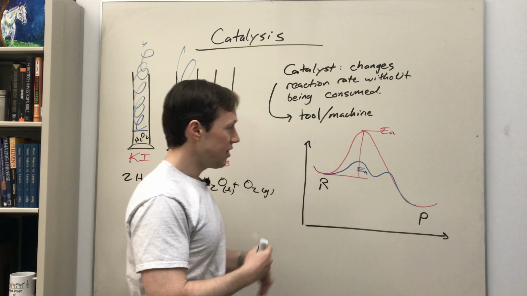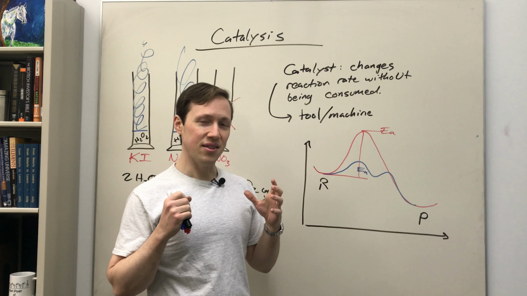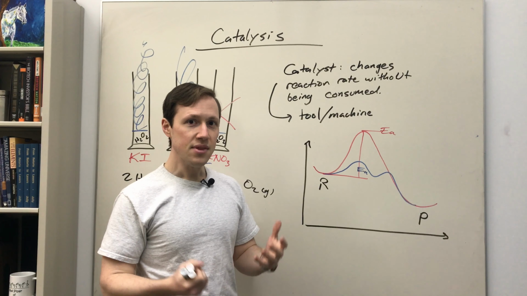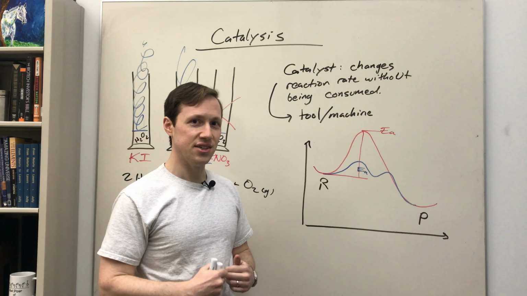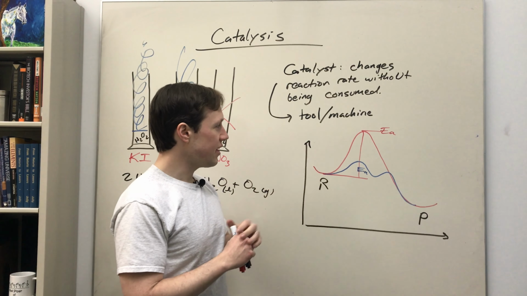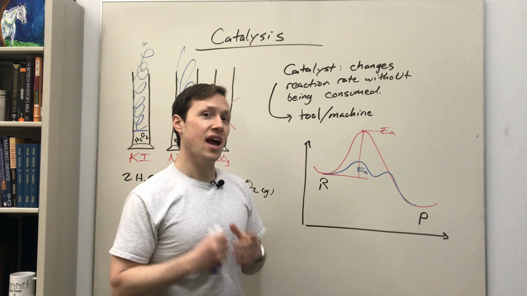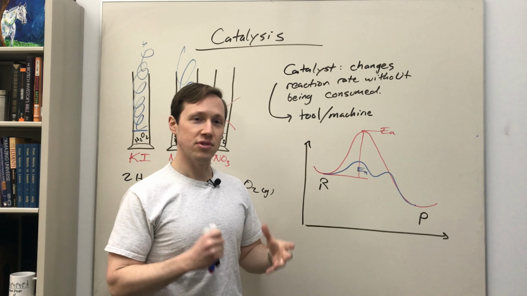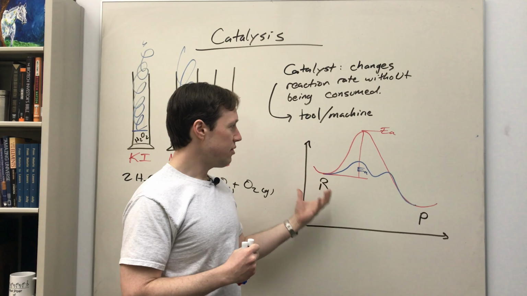As we saw in our discussion of the Arrhenius equation, smaller activation energies lead to faster reaction rates. In the case of a catalyst, it can lower the activation energy of a reaction and thus speed it up.